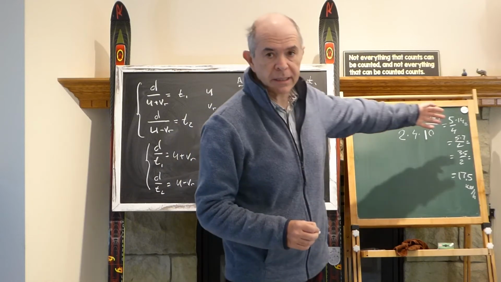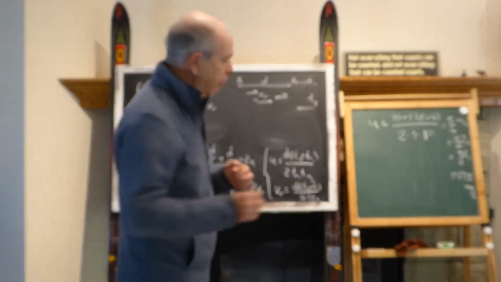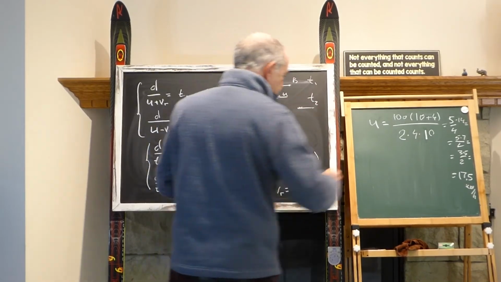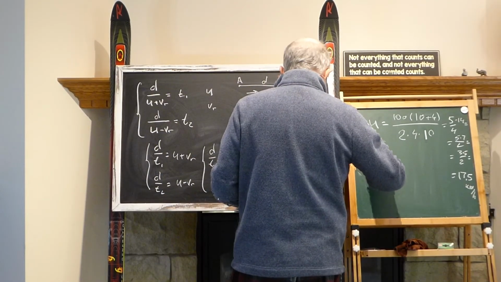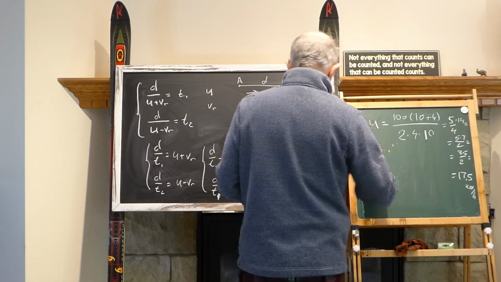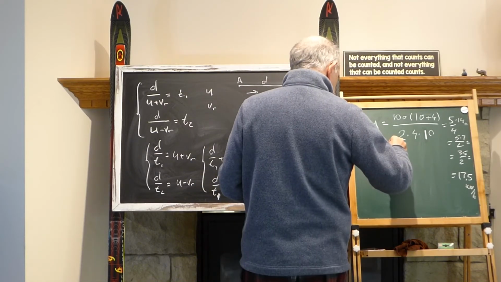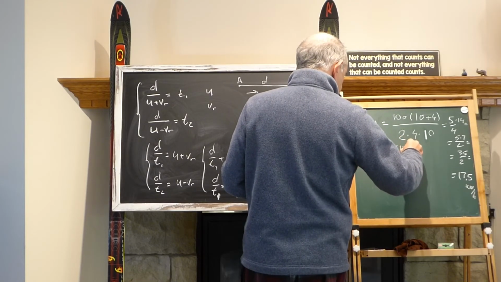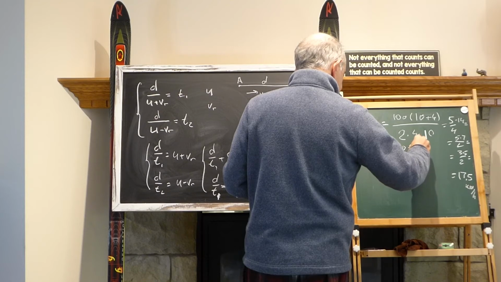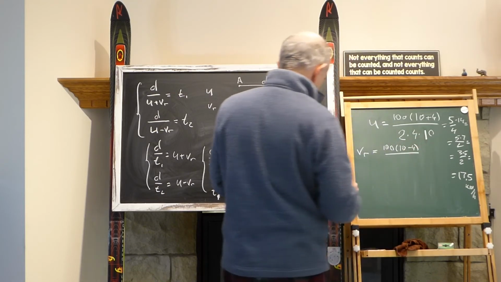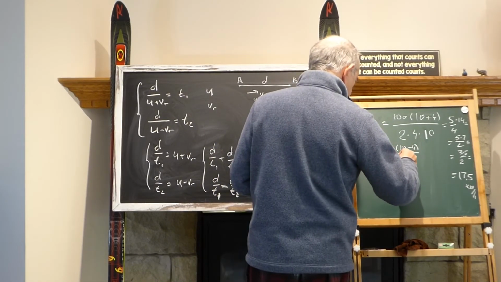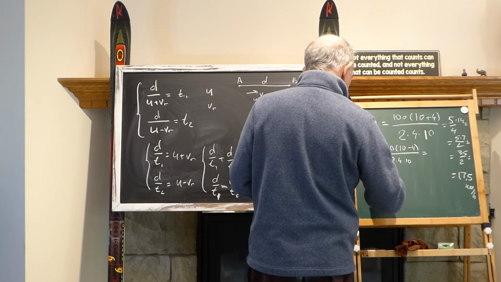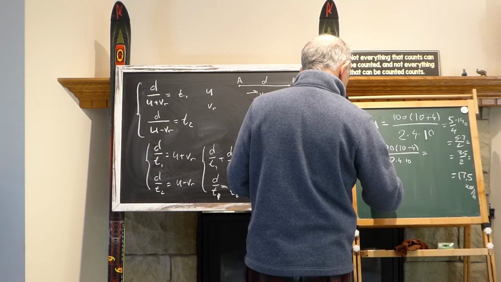And you probably received the same results with your calculator much faster than I did without my calculator. And now let's do V river, and V river would be the same 100, and here we have to subtract T1 from T2, and the denominator would be exactly the same, 2 times 4 times 10.